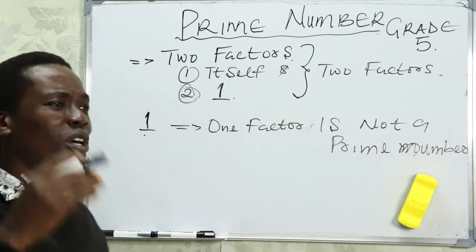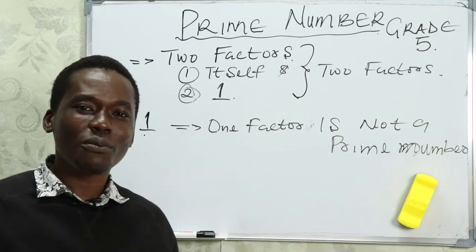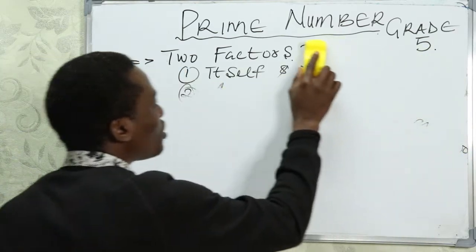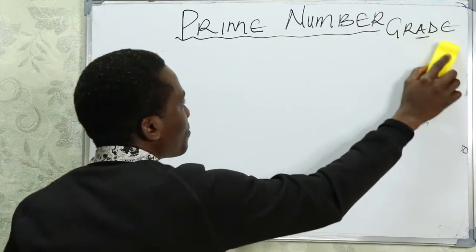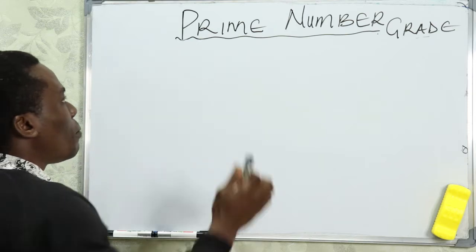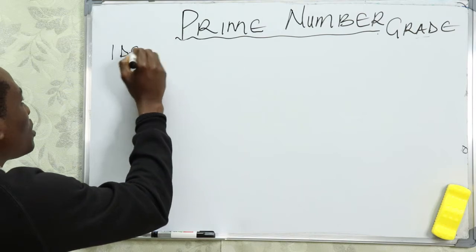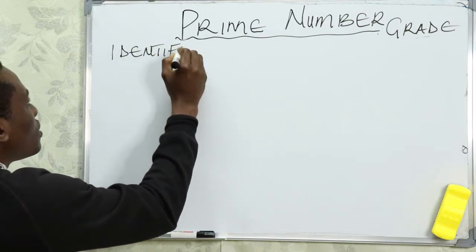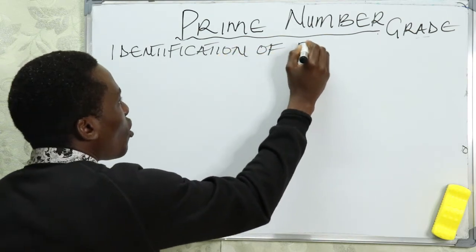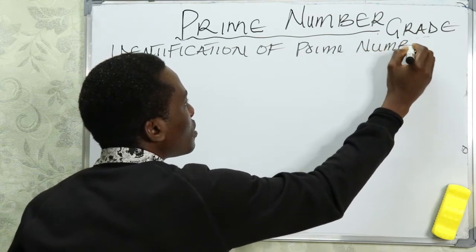Now I'm going to show you 2 methods in this video lesson for identifying prime numbers. We are going to start with the numbers 1 to 11, under the topic identification of prime numbers.